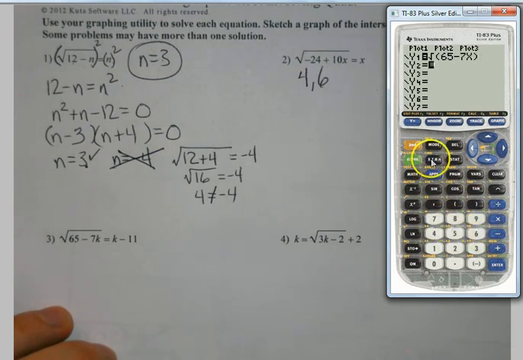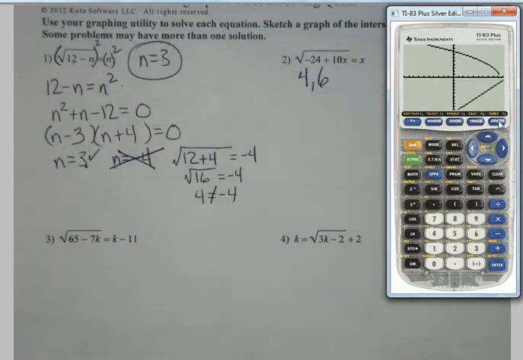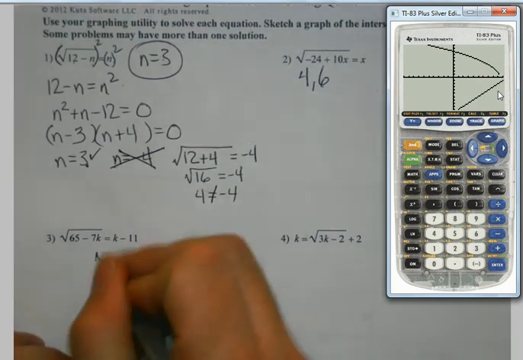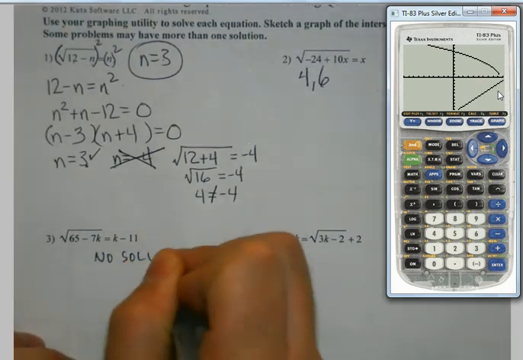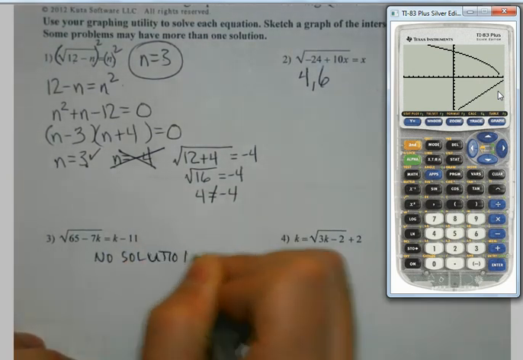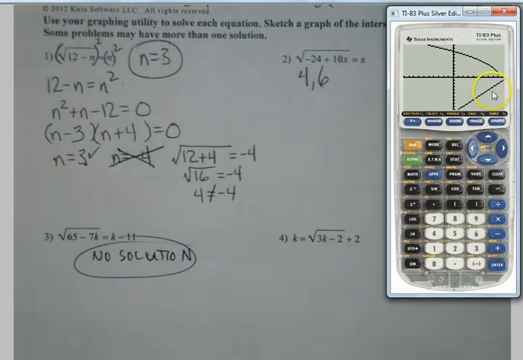So one more to play with here. If I physically look at this one, I can visually see this curve stops right here. They're never going to cross. So if you can visually see that, you can just say no solution right away, or at least you're not going to get any real solution.